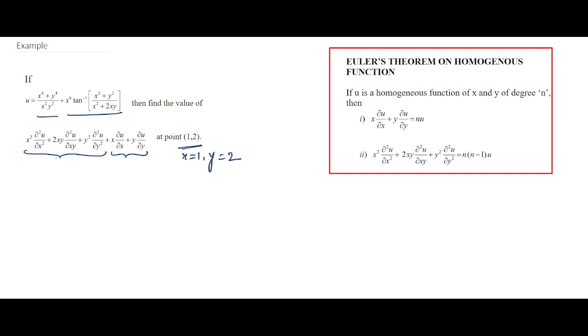So here, as the question is to find the partial derivatives, both second order and first order, we are going to use these two Euler's theorems.